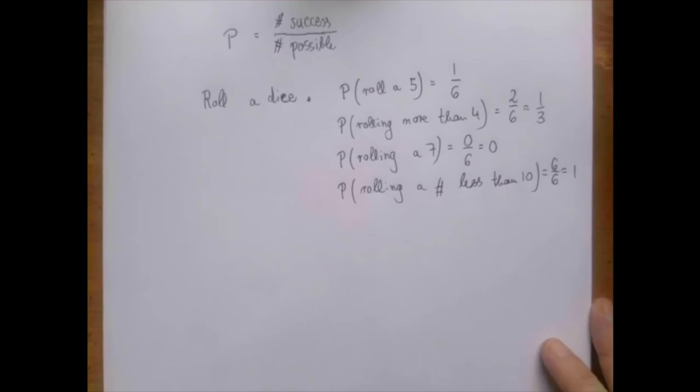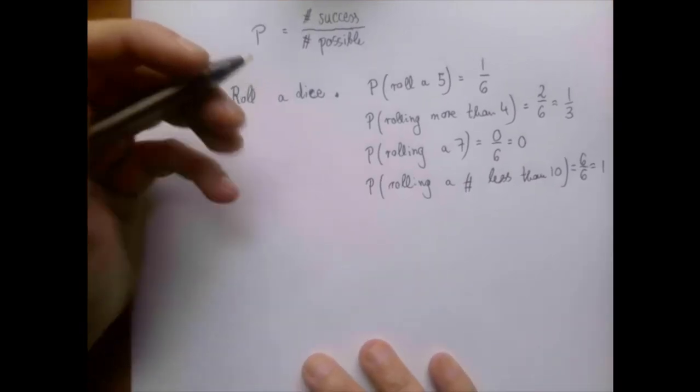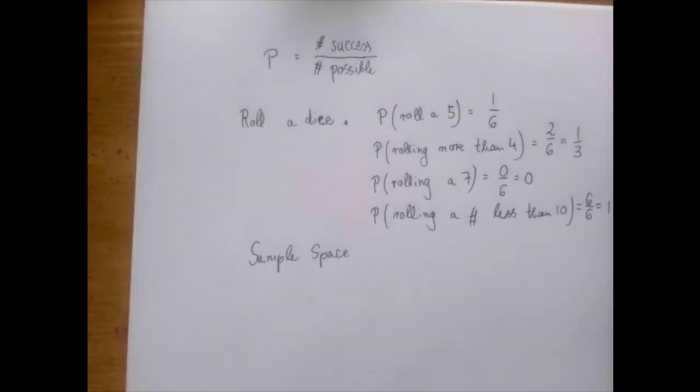Okay, so let's talk about something that we call sample space. Let's say I'm playing the lottery. Did I mention don't gamble? It's not good for you. So let's say playing the lottery. And the question is, what is the probability that I get all the numbers right and win the biggest winning amount possible? Well, you can say that it's 1 out of 2. I either win or I don't win. That sounds a little fishy, doesn't it?